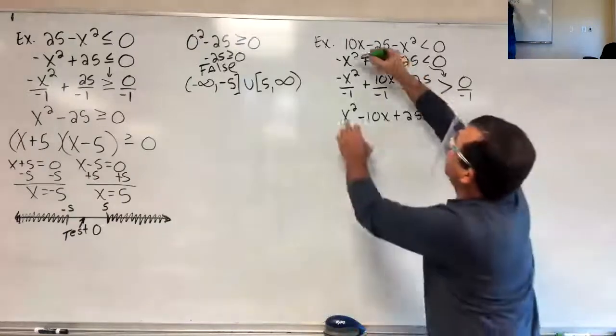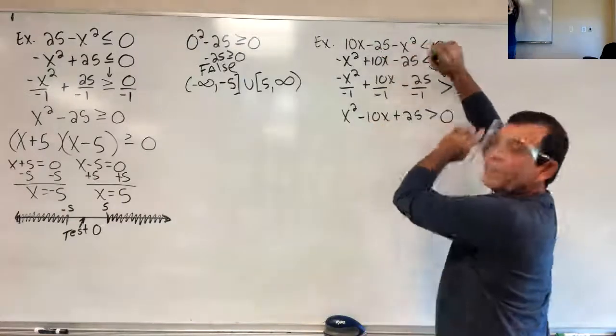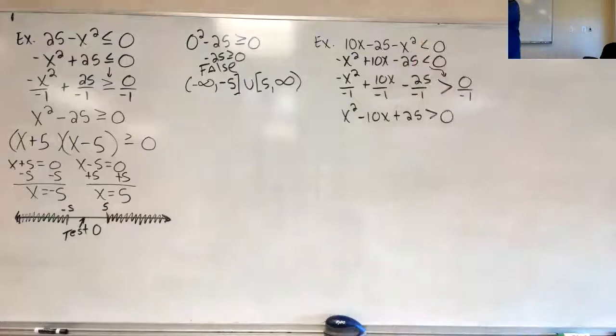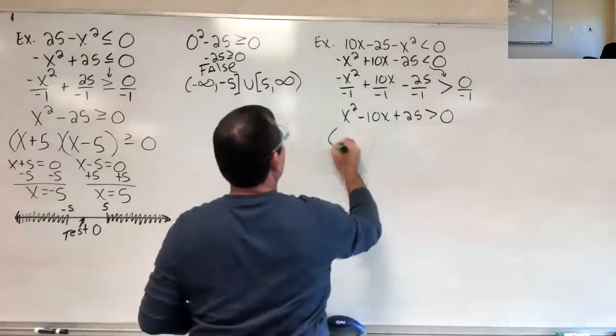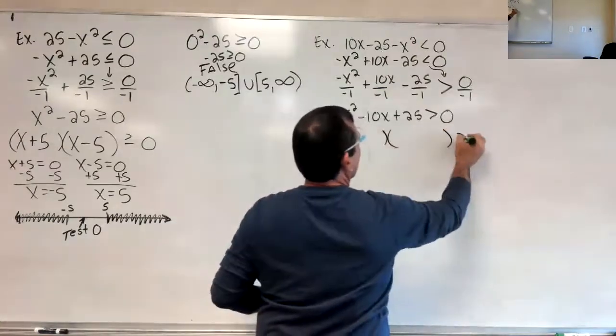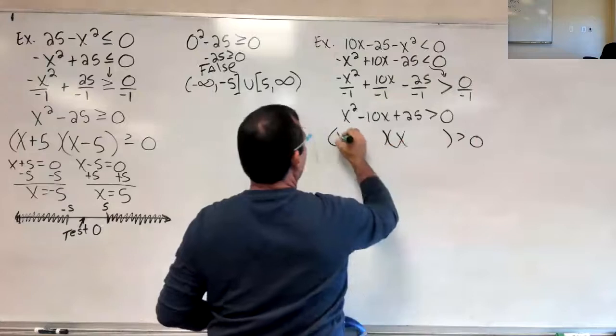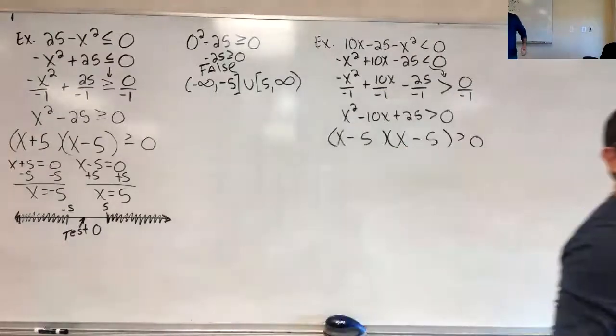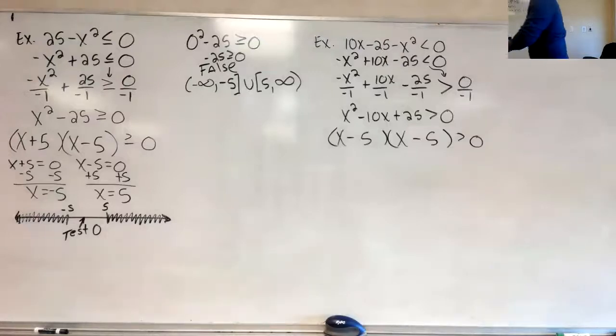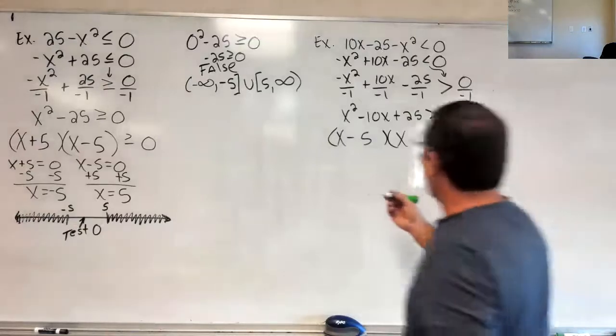So basically, all we're doing is changing everybody's signs and flipping it around, okay? We got two x's, negative 5. Factor 25, that'll give me 5 and 5, both negative, so good job.